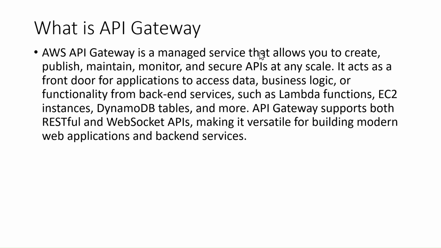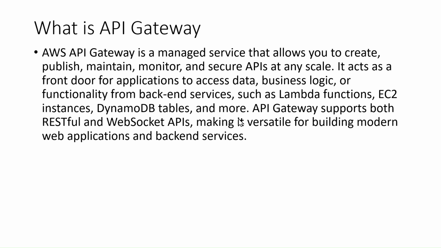To access the business logic or functionality from backend services, which are deployed on either a Lambda function or an EC2 instance, in other words, a server, and DynamoDB is a kind of database which is NoSQL. Fine.